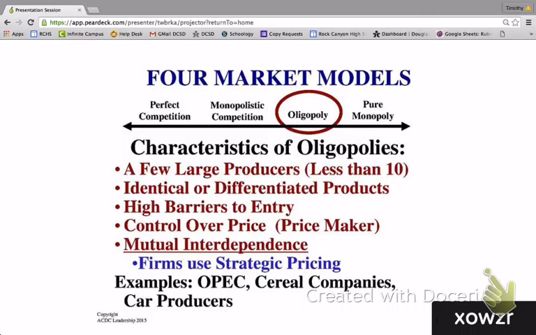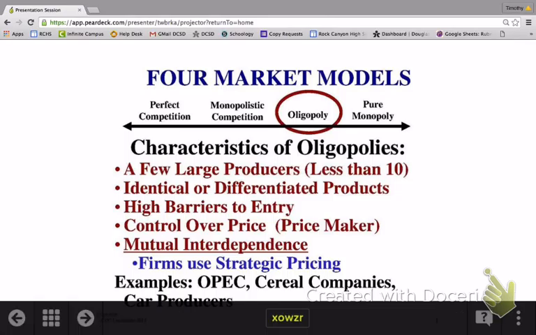Cereal companies like General Foods and General Mills are oligopolies. Car producers like Toyota, General Motors, Ford, Chrysler, Hyundai, and so forth, are part of an oligopoly as well. Because in each of these industries, the oil industry, the cereal industry, the auto industry, you find a few large companies that dominate the market.